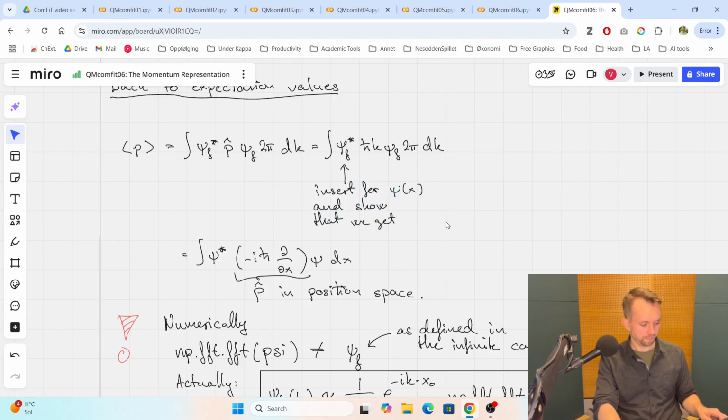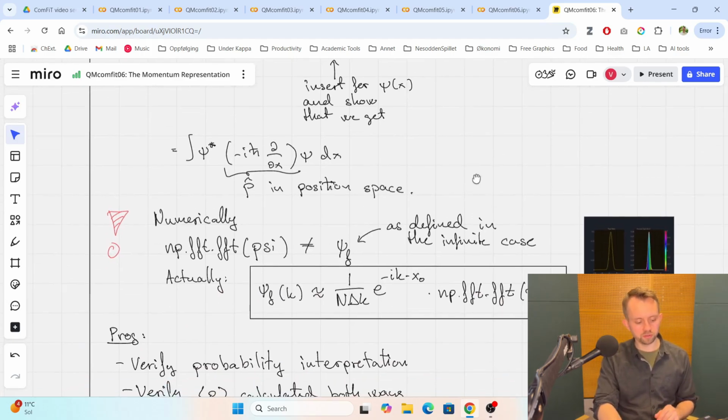What you can do is take this and insert the expression for psi f in terms of psi into here, and you can show that it results in the same expression, and there, of course, we recognize this as the operator in position space.